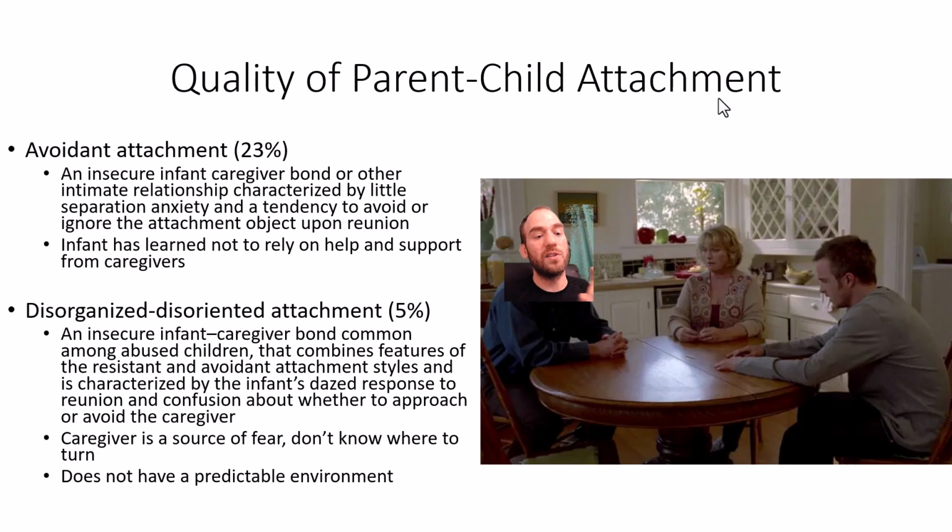So it's like, dude, I don't know where to approach. I don't know what to do. I don't know who to rely on. My environment is unpredictable. Thus, they're going to engage in almost chaotic behavior, wherein they're doing different behaviors associated with different insecure attachment styles, which is characteristic of an abused child.